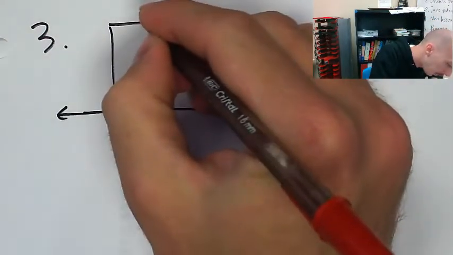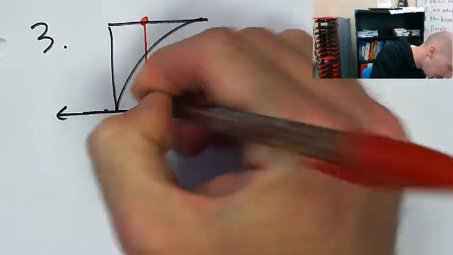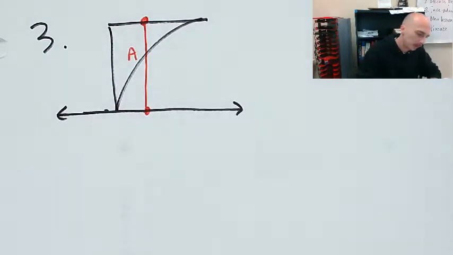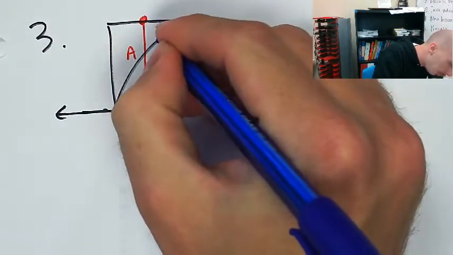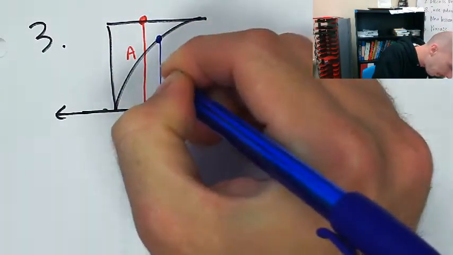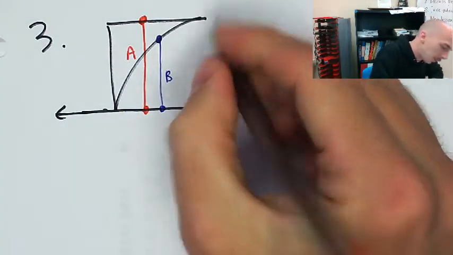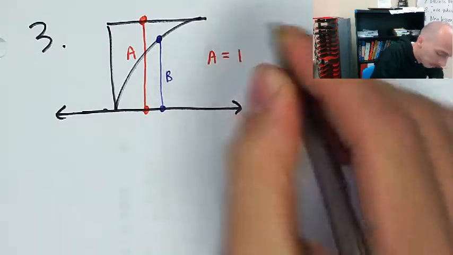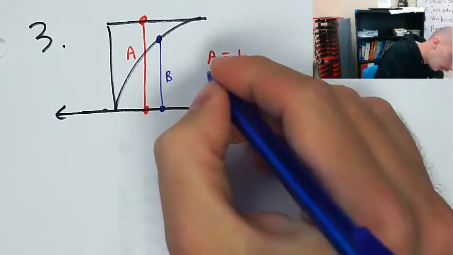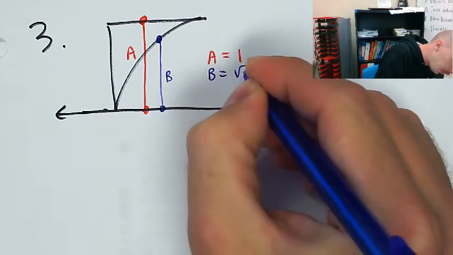The large radius here, I'm going to call that A and label it in red. The small radius, I'm going to call B in blue. A is top minus bottom, which is 1 minus 0. B is top minus bottom, which is square root of x minus 0.